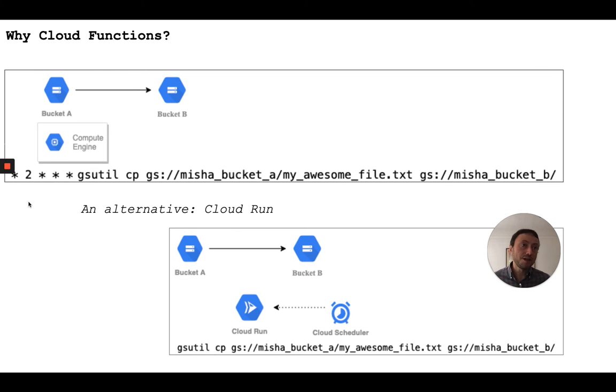So one of the benefits of using a cloud function is to save on the costs of your setup. And second, a cloud function is just easier to maintain than either a full compute engine instance or even a full Cloud Run container, because all you have to do is write and deploy your code.